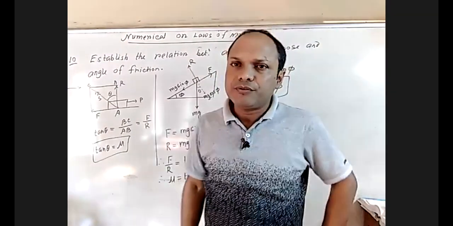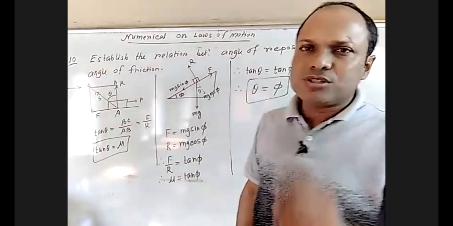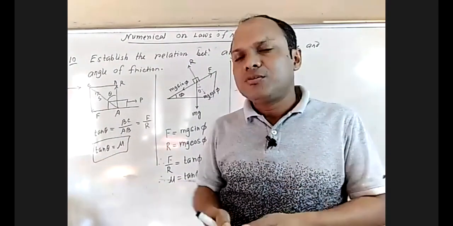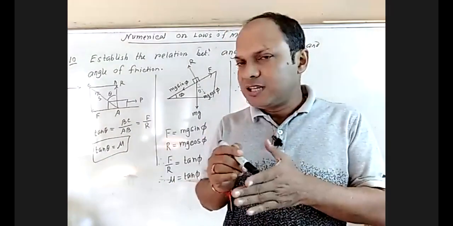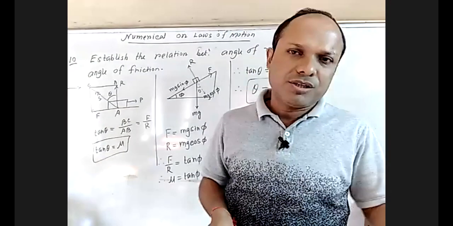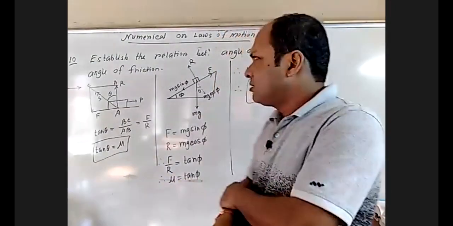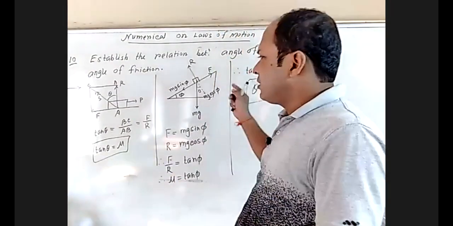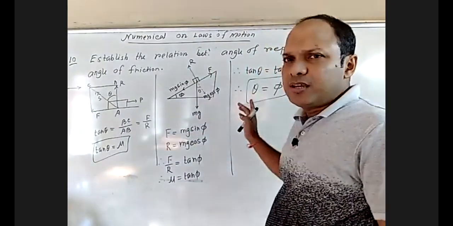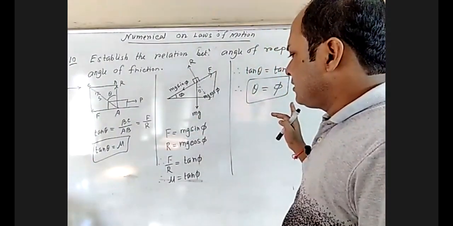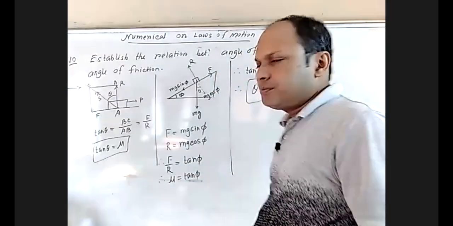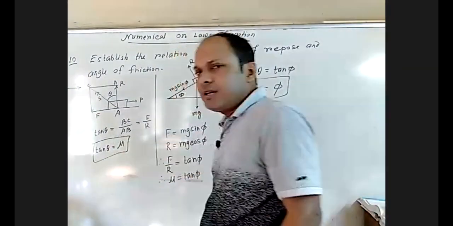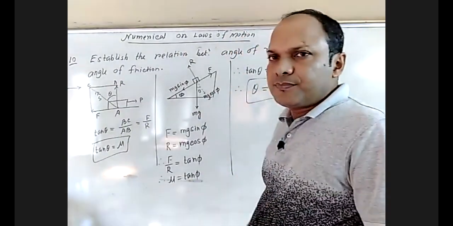What should be the angle of friction of the surface in contact? For one mark, the answer will be 45 degrees. 45 degrees as angle of repose, 45 degrees as angle of friction also. Clear? So this kind of numerical may be given to you. Phi may be given and you may be asked to find mu. Theta may be given and you may be asked to find phi. Okay.